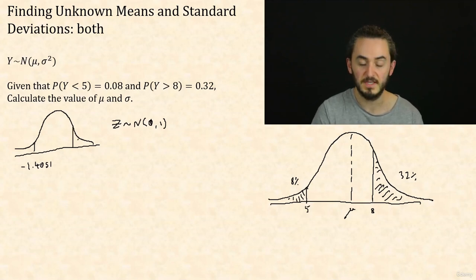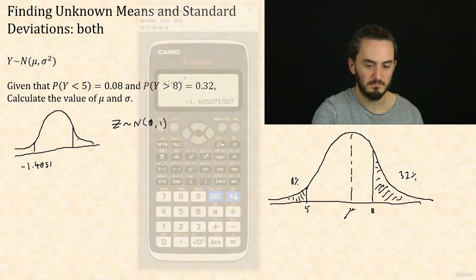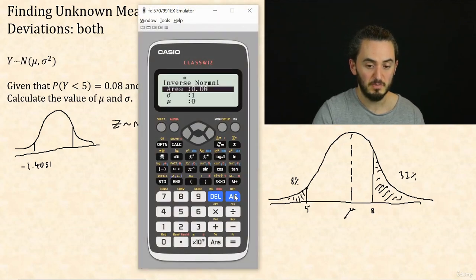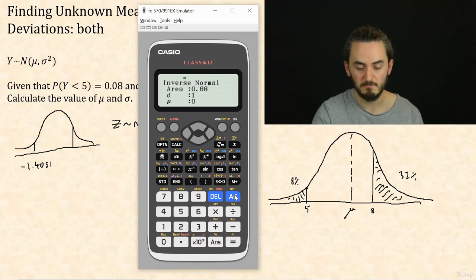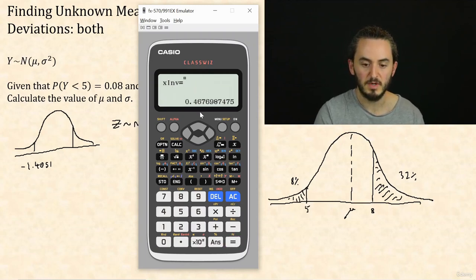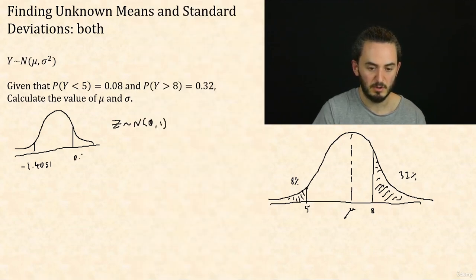Here, let's just do it on the same diagram. Back to the calculator. The top 32% has an area to the left of 0.68. So that is 0.4677. So what does that tell me?